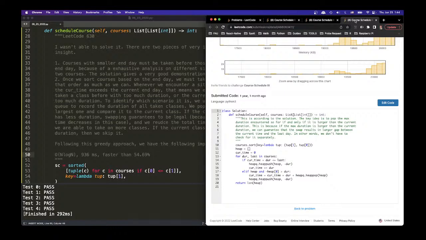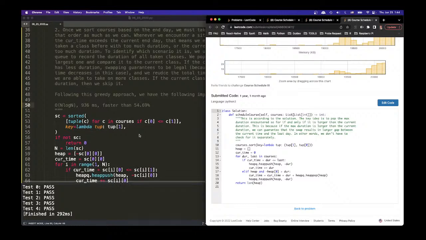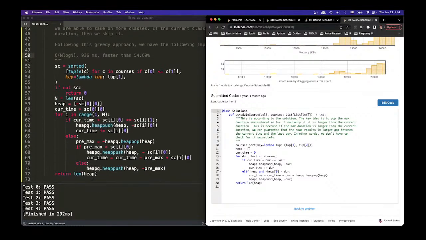So we sort, heap. Smaller or equal to, we always add. Push, add, no problem. Else, wow, heap 0.